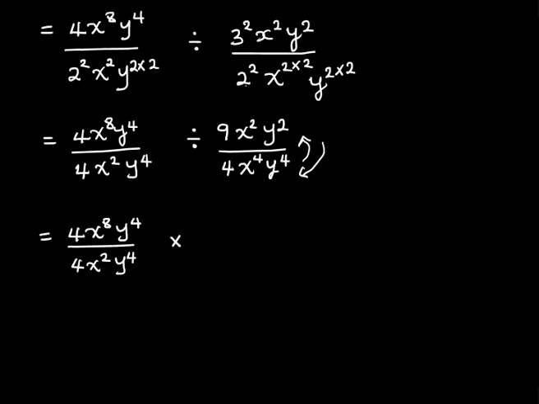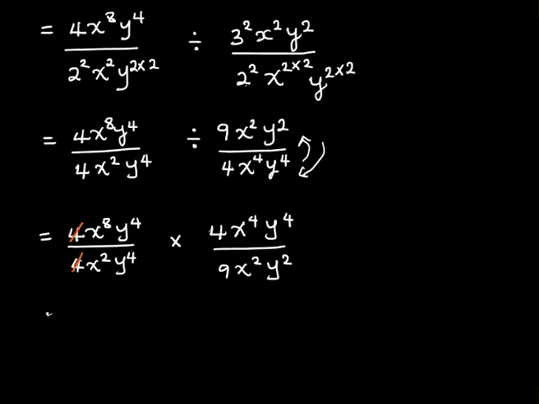So we get 4x to the power of 4, y to the power of 4, divided by 9x squared y squared. So we can take away this 4 and this 4 so that we can move on to the next step.